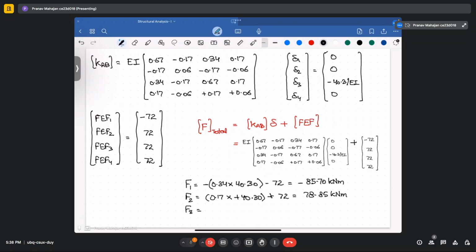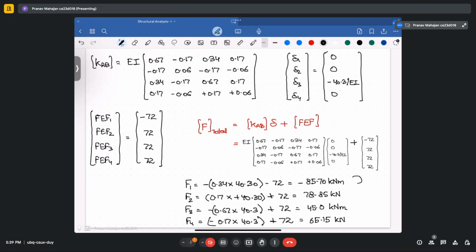Your F3 is equal to minus 0.67 into 40.3 plus 72. It becomes equal to 45.0 kilonewton meter, and your F4 is minus 0.17 into 40.3 plus 72, and it is coming out to be 65.15 kilonewton.